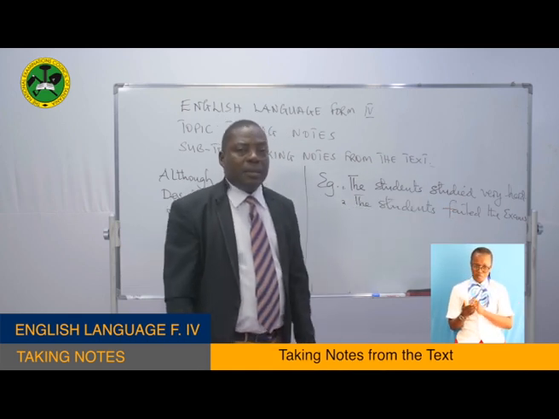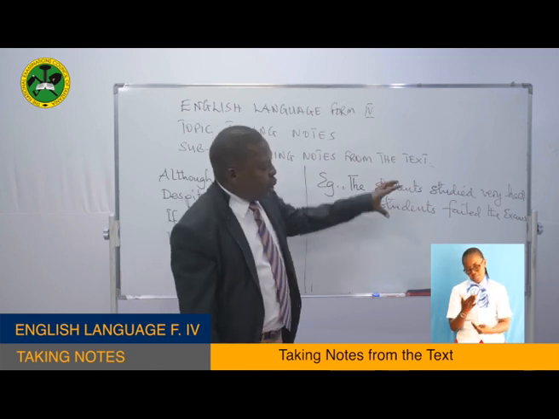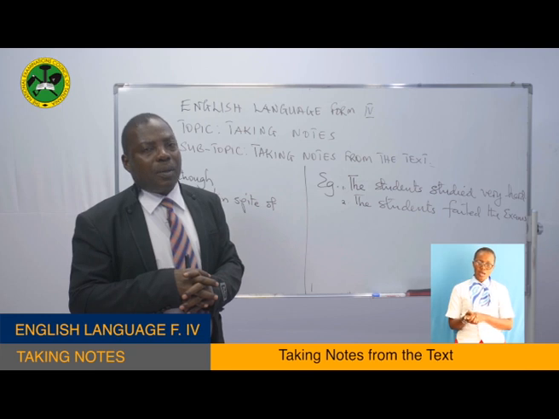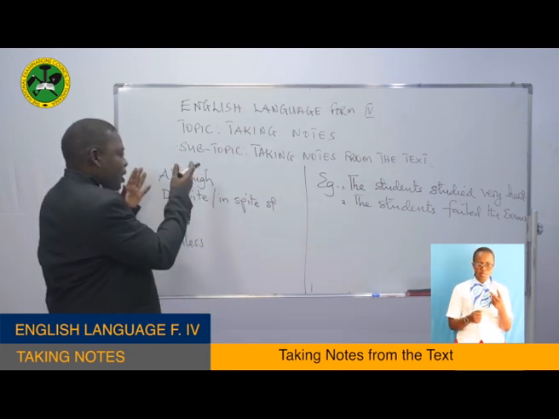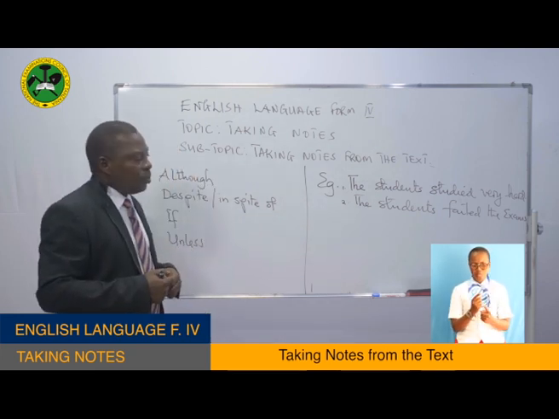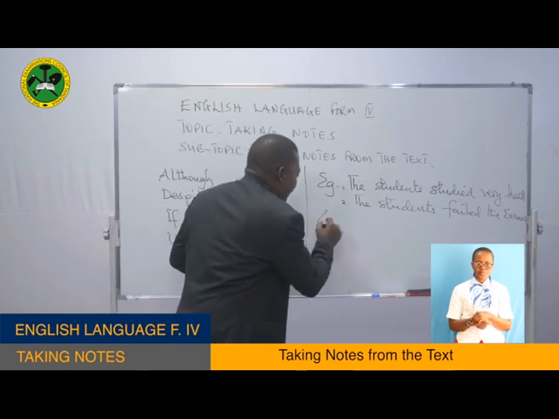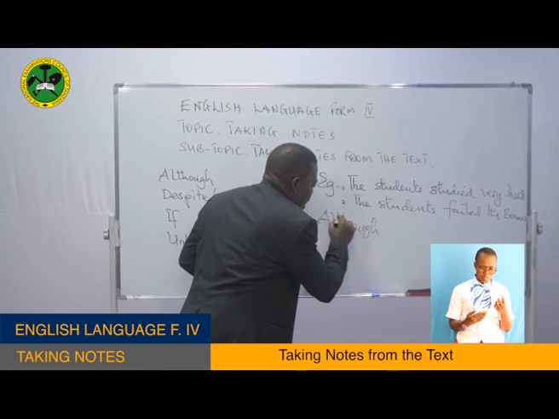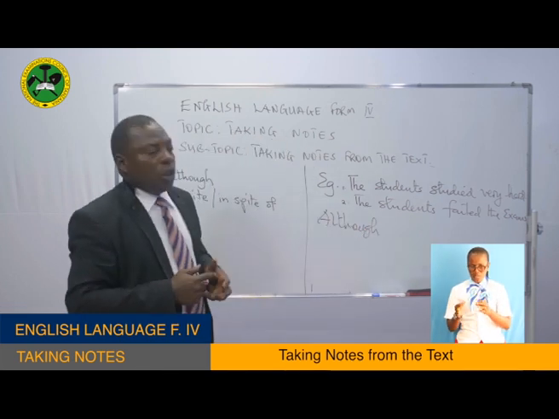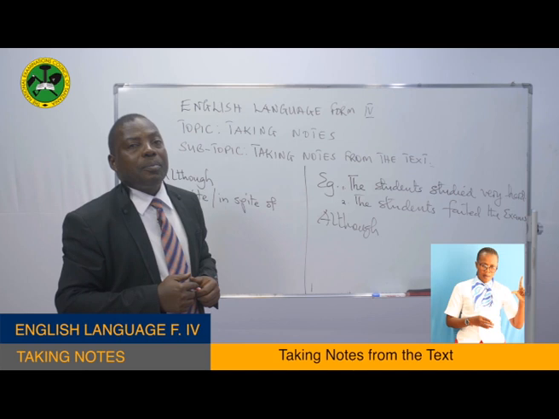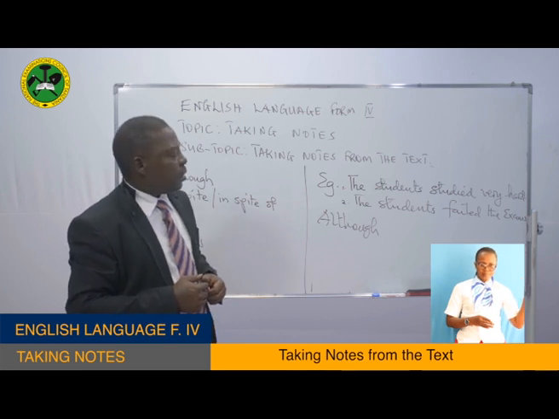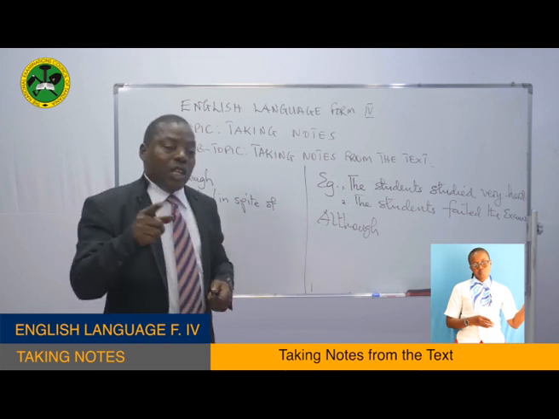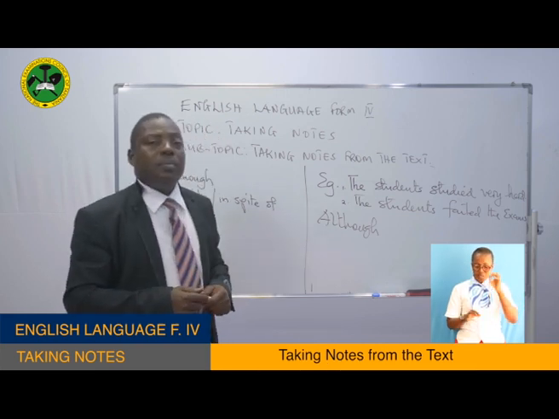Now you can see the two events are contrasting one another. We want to apply this linking signal. Let's see how we can use although to join the two sentences. Can you think of how you can join the two sentences using the word although?